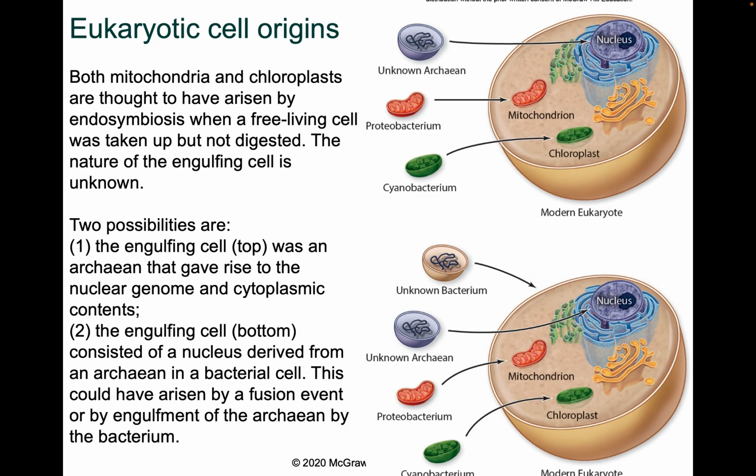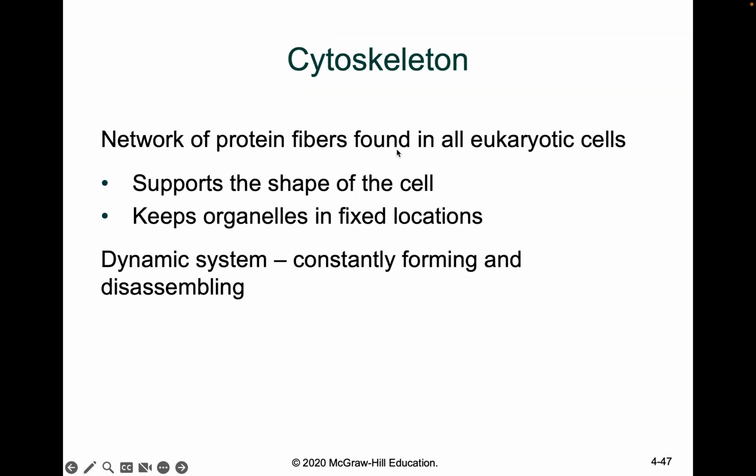So it's like most probably that's what it is. These prokaryotes that only had these kind of functions of a mitochondria or chloroplast were most probably engulfed to create this bigger and advanced cell. What that engulfing cell was, those are the possibilities that I was speaking about. So now let's move on to the cytoskeleton.